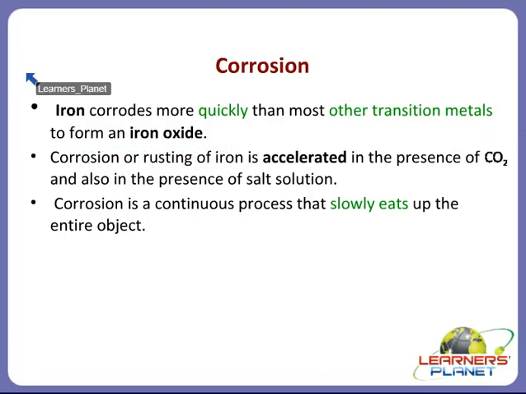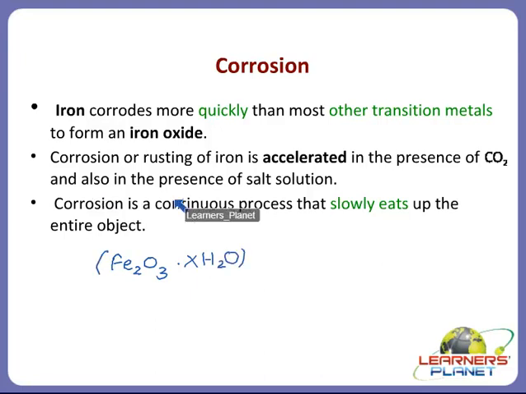So what is the formula of the rust here, or the substance which is formed? I have told you, I'll again write it, Fe2O3.xH2O. Right? So this is the substance which is formed on the surface of iron.